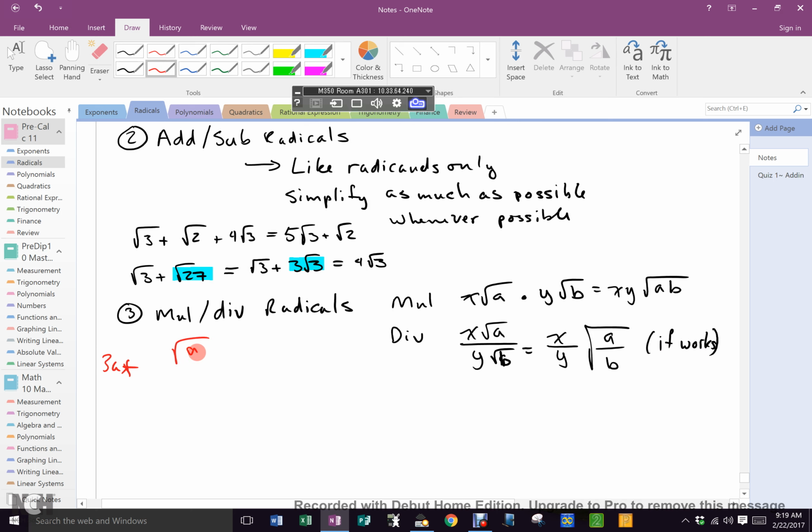If the root of a over b does not work, you've got to rationalize. So if I get root a over root b and that doesn't divide, I have to multiply by root b over root b.